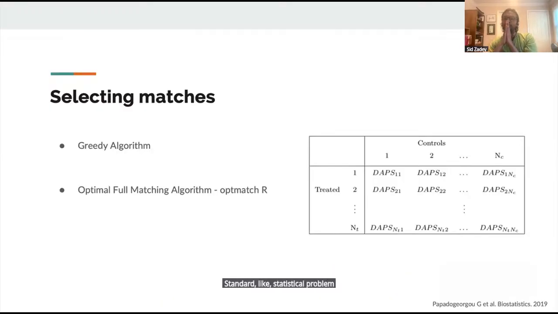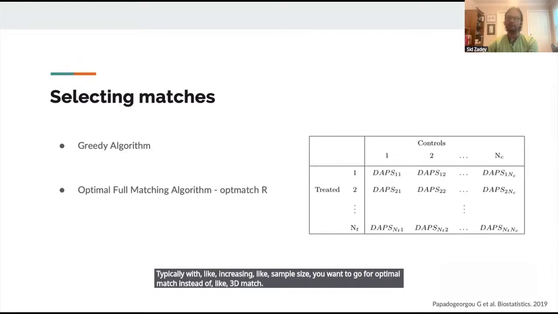The takeaway I would give is that you have greedy algorithms that go in a step-by-step way, matching one pair at a time. And you can also have optimal matching algorithms. Typically, with increasing sample size, you want to go for optimal match instead of greedy match.